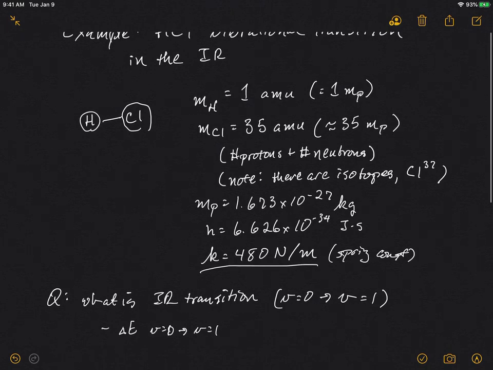And we're not going to worry about how we know that, but we know it. And then the question is, given all this, can we calculate what is the infrared transition for this molecule?